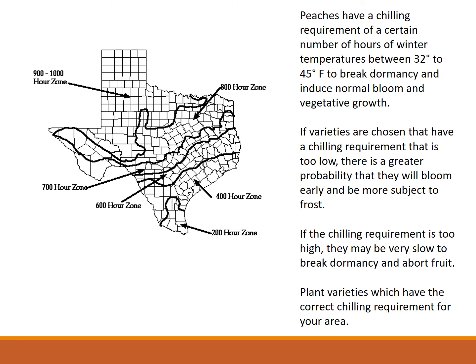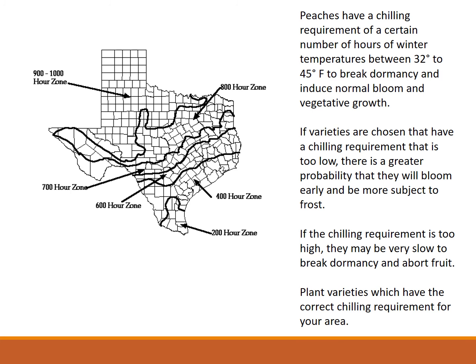All right, so things can happen if you select fruit trees that have either lower or higher chilling requirements than the zone where you want to grow that fruit tree. For example, let's say again we're in the Dallas-Fort Worth area, an area that has 800 chilling hours.